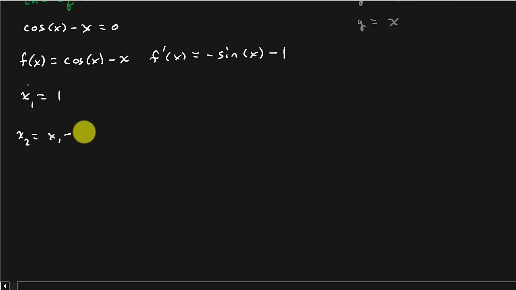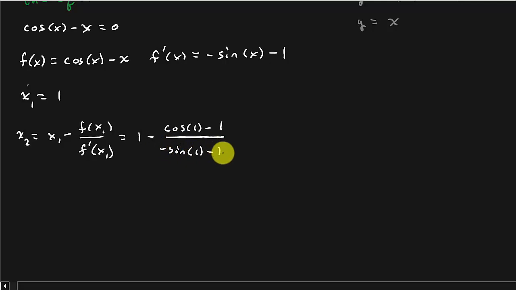So that's going to be x1 minus f of x1 over f prime of x1, which is going to be 1 minus cosine 1 minus 1 over negative sine 1 minus 1.